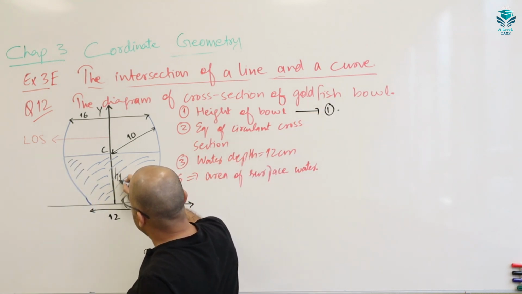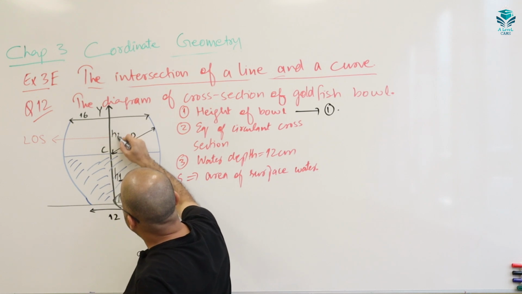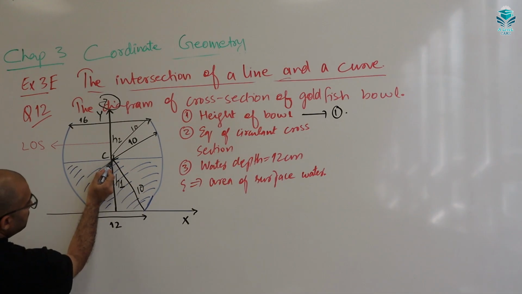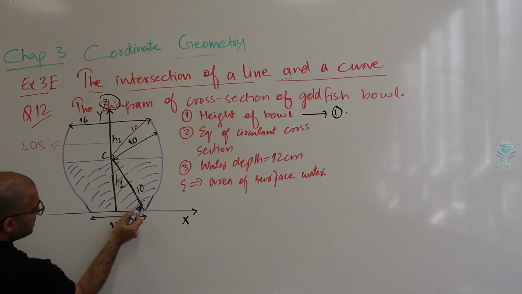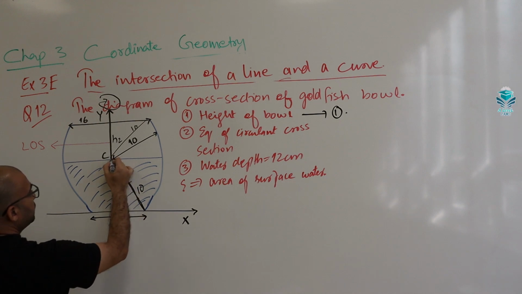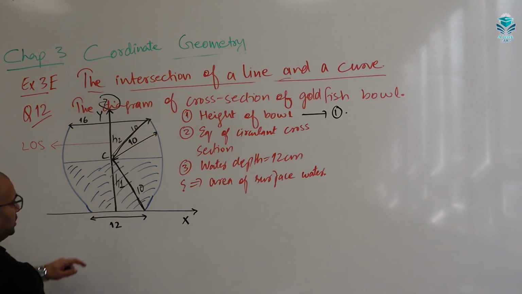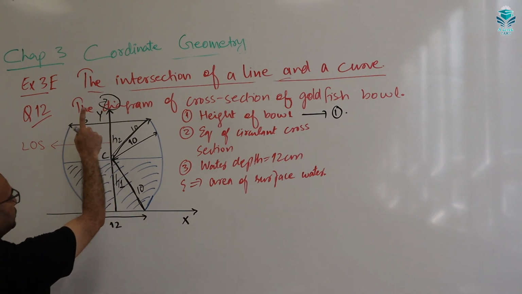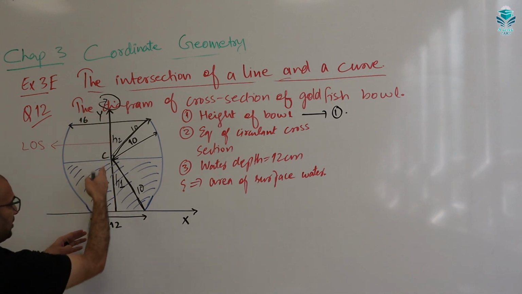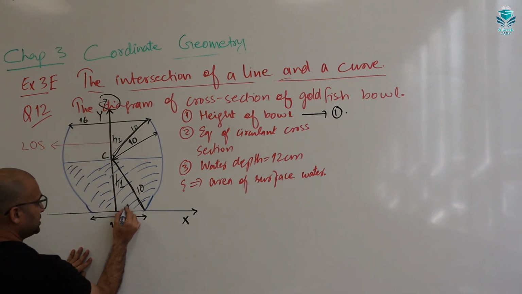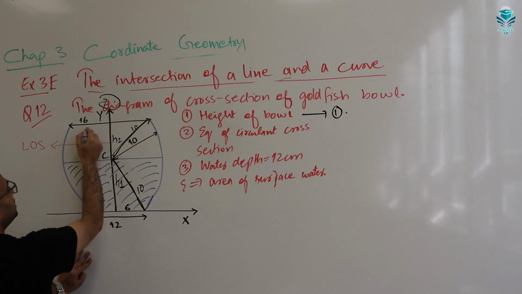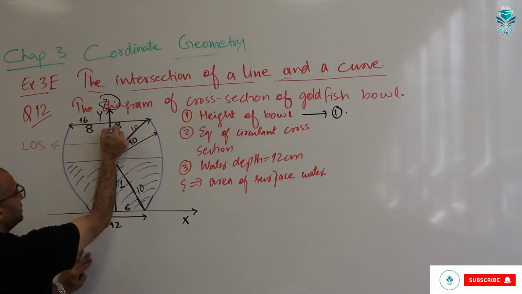Let's say this is h1 and this is h2. So from C to this point the distance is 10 centimeters, and from C to this point the distance is 10 centimeters. So y is the line of symmetry, which means it is the perpendicular bisector. So this is 6 centimeters, 6 centimeters, 8 centimeters and 8 centimeters.